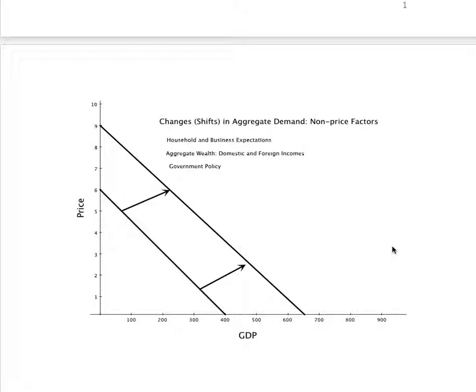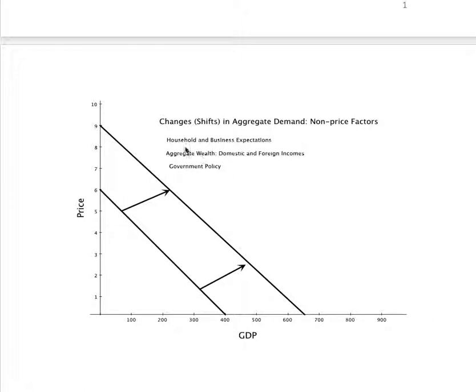And it's the same thing when we look at our aggregate demand as it pertains to our GDP levels. So the non-price factors that will cause our aggregate demand line to shift to the right with an increase, or shift to the left with a decrease, are based upon three factors.